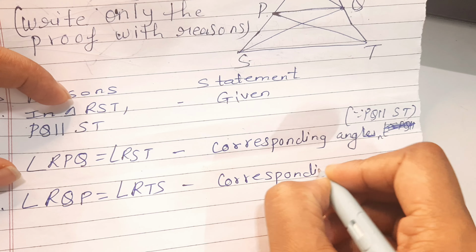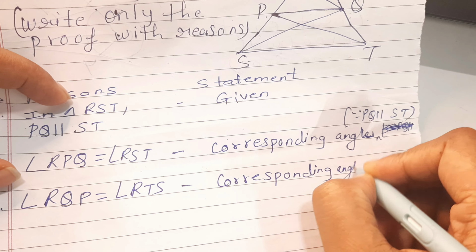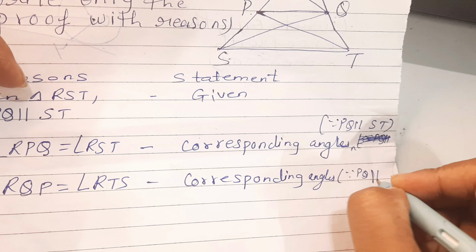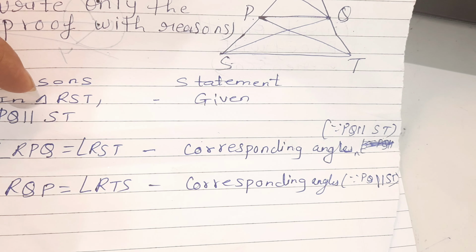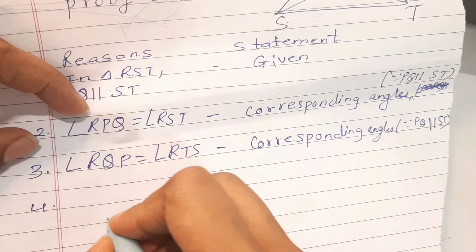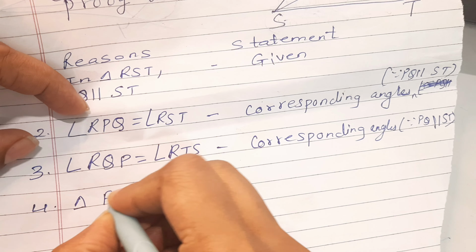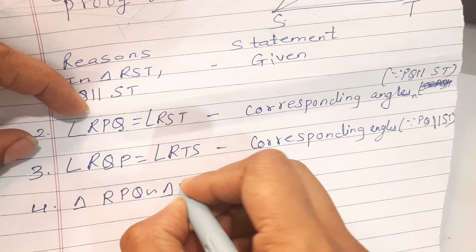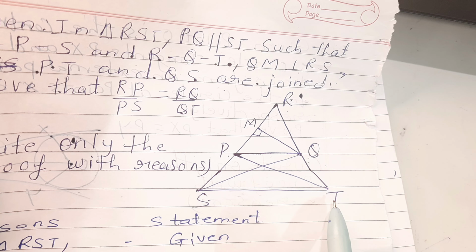Corresponding angle since PQ is parallel to ST. Fourth reason will be so both the triangle are congruent. Now which triangle is congruent? RPQ and RST.